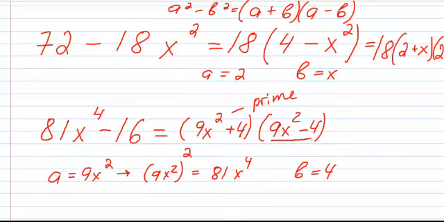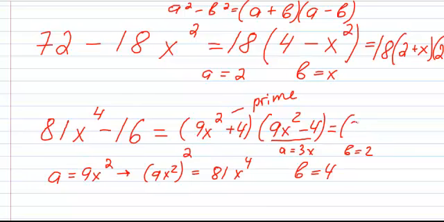But things are different with this term. It's again a difference of two squares. And in this case, our a is 3x and our b is 2. This is called a repeated factorization, as we discussed in class.